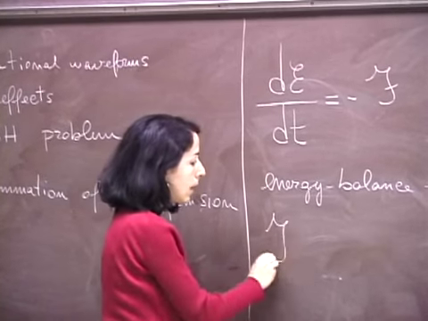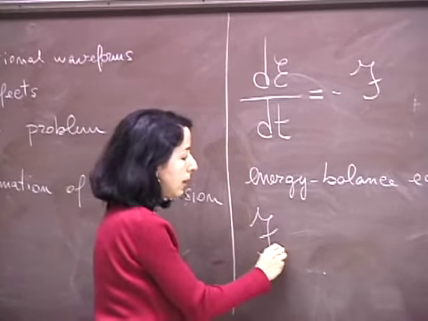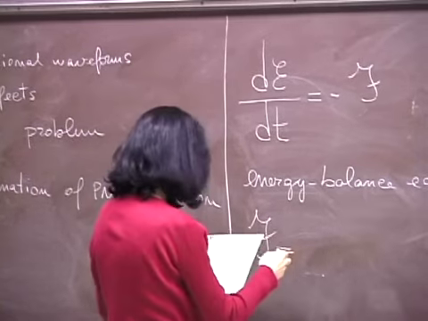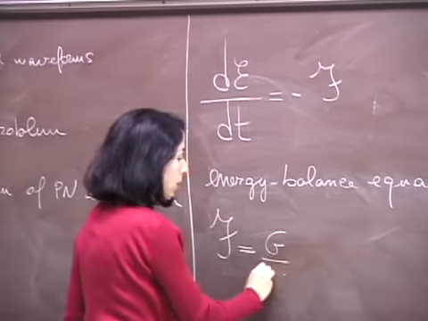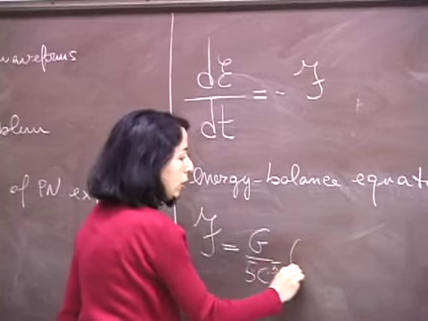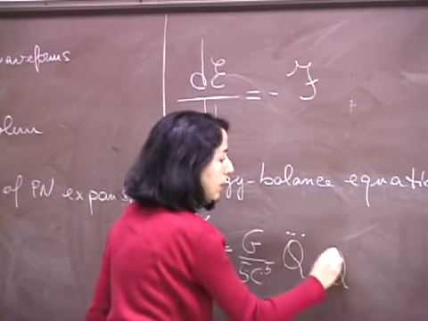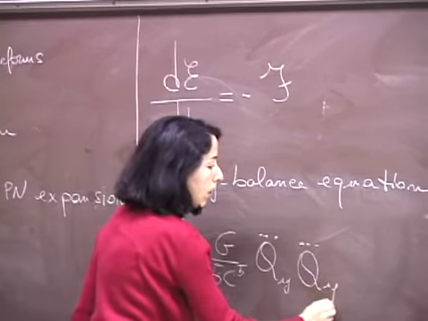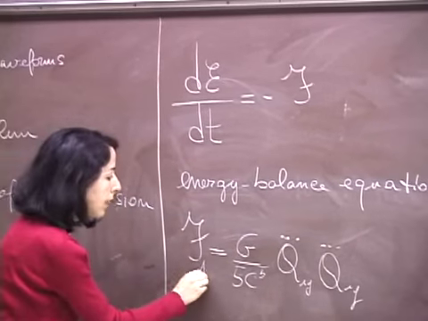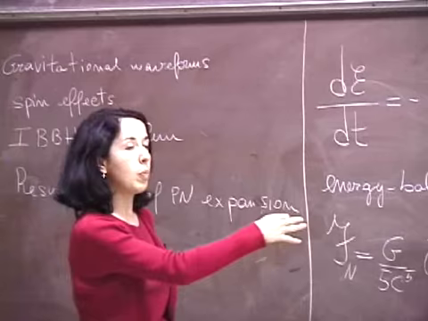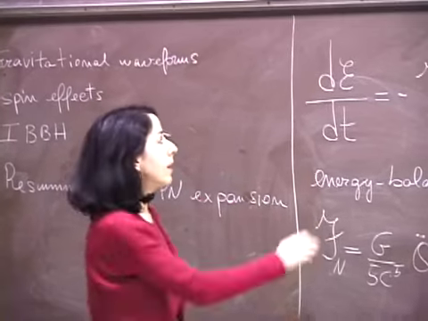At the lowest order, this F is just proportional to the product of the third derivative of the quadrupole formula at Newtonian level. Then you will have corrections to it.